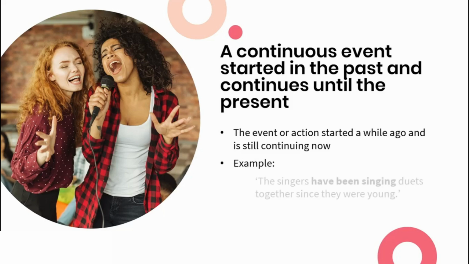For example, the singers have been singing duets together since they were young. The present perfect continuous tense shows that the singers still sing duets together now. In other words, the continuous action started long ago and continues until now.